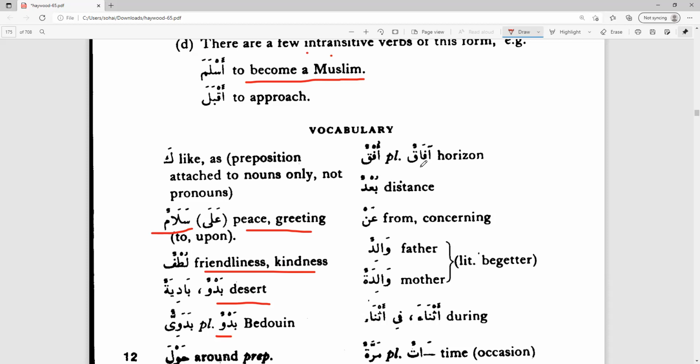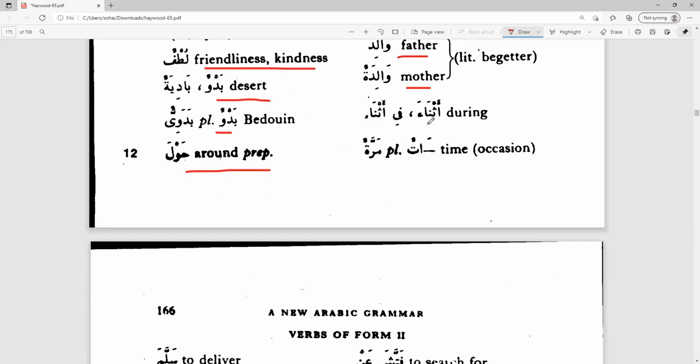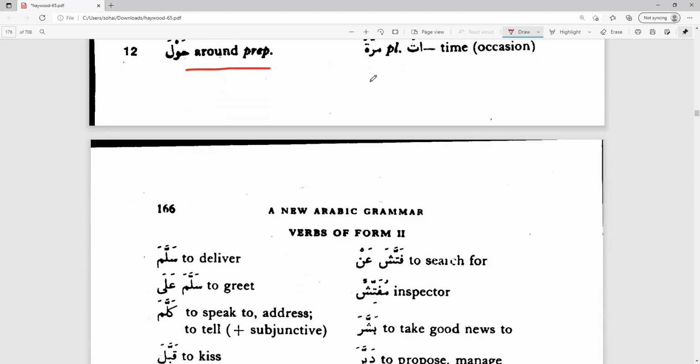Broken plural is afaqun. Bu'dun means distance. An means from, concerning. Walidun means father. And the feminine of that, walidatun, means mother. Fi athna'i means during.